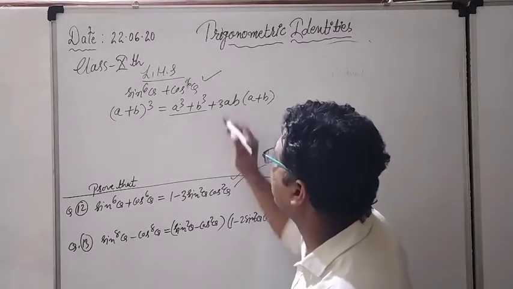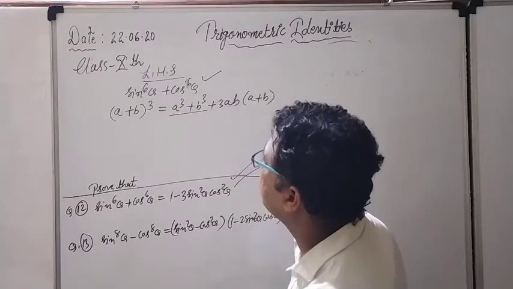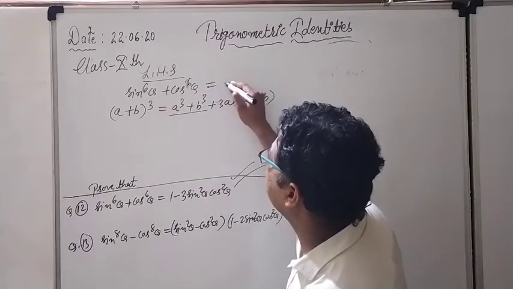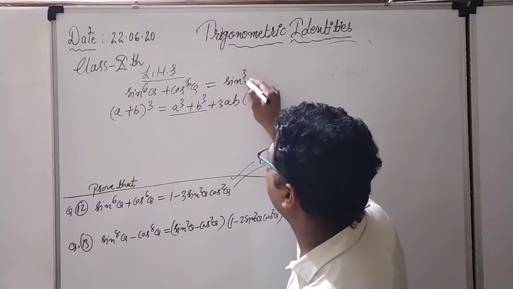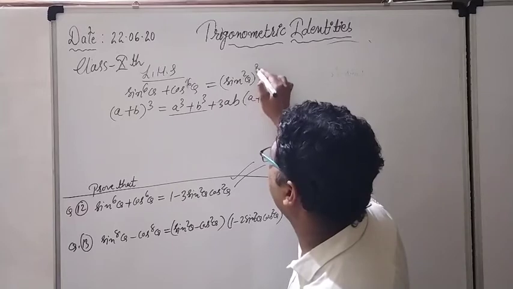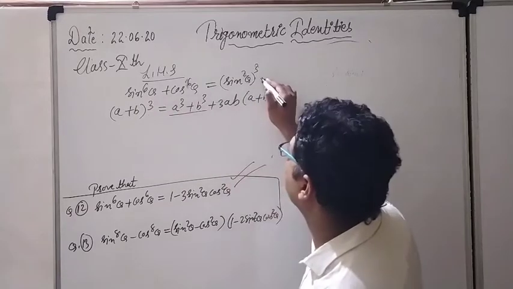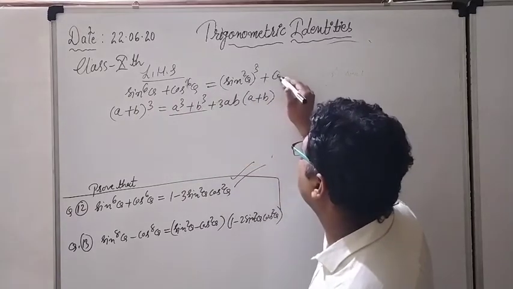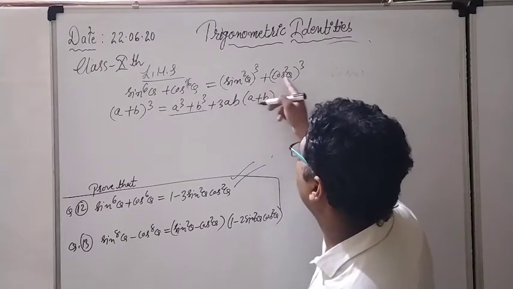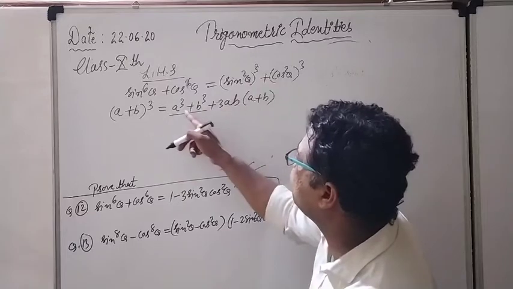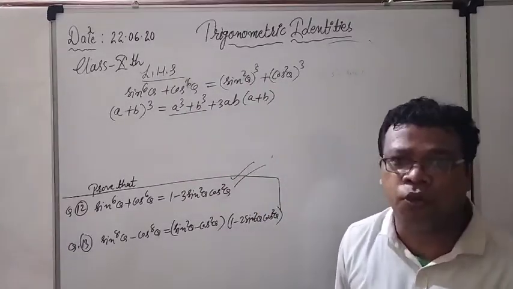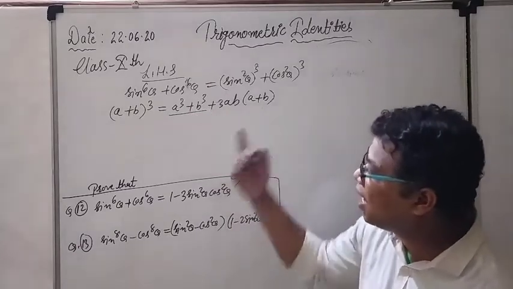See how: sin 6 theta means sin square theta whole cube, because 3 twos are 6. In the same way, cos square theta whole cube. So it is A cube plus B cube, that is the format of the question. So A cube plus B cube is what I have to get.